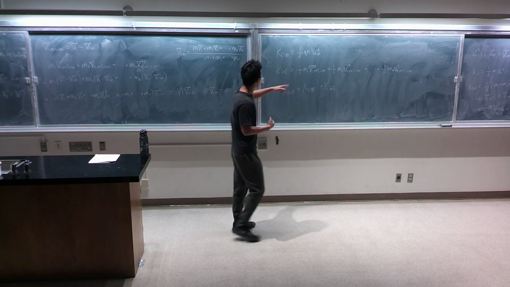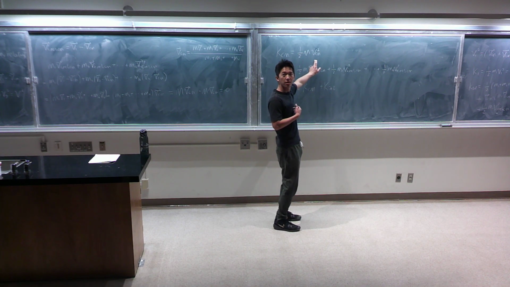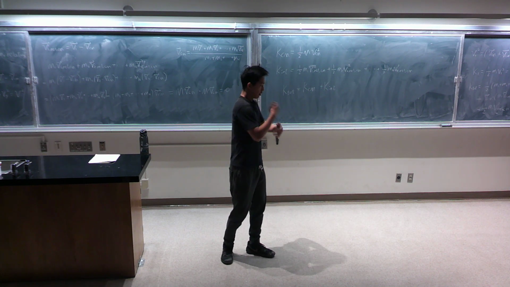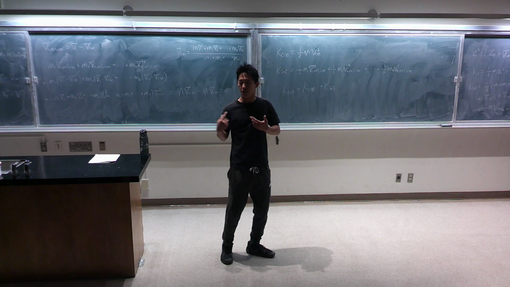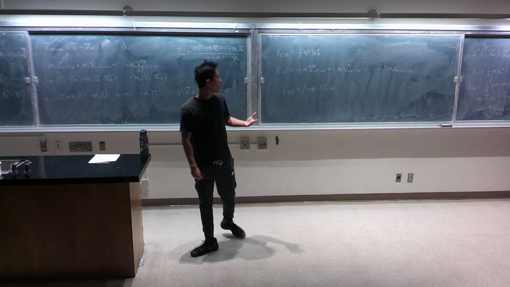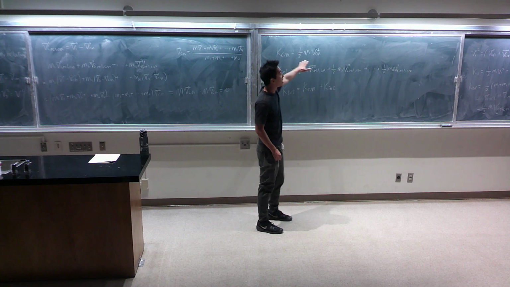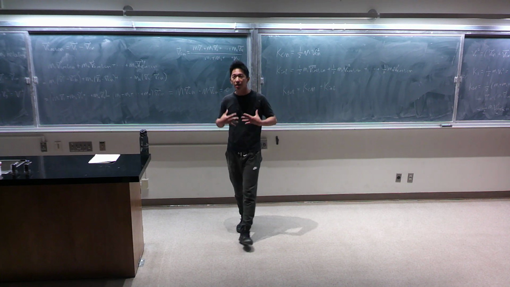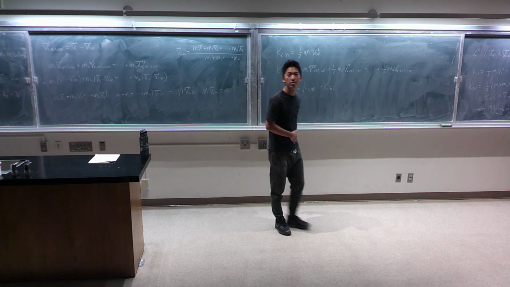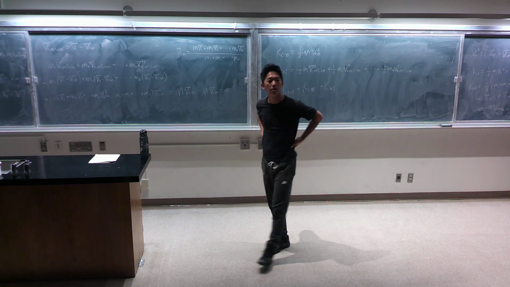Because my center of mass is not moving, but my shoulder is moving relative to my center of mass. It's going here, it's going there, same with my leg. So even though my center of mass is not moving, me as a system still have kinetic energy due to this relative motion of the parts of my body. Okay?